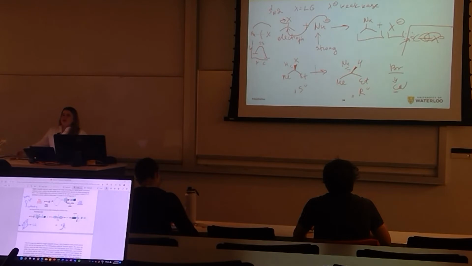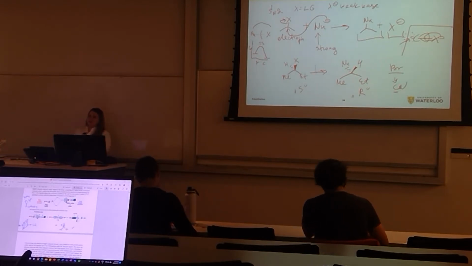The rate of this reaction depends on many things. It depends on your electrophile, so the initial molecule we're starting with. For a good electrophile, we want something that is not sterically hindered.